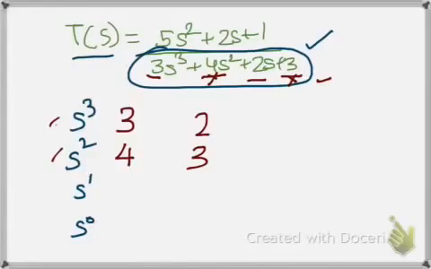Now how am I going to get this value? It's really simple. All you need to do is multiply 4 into 2, which is 8, minus 3 into 3, which is 9, by 4, the number that is towards the far left.